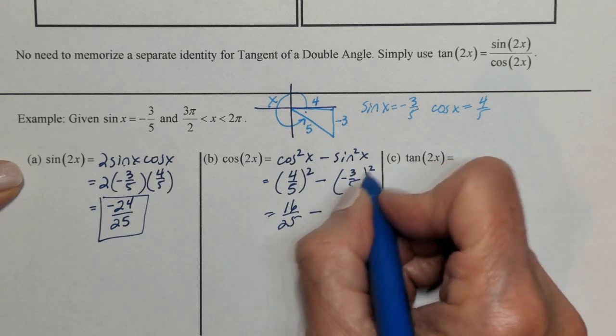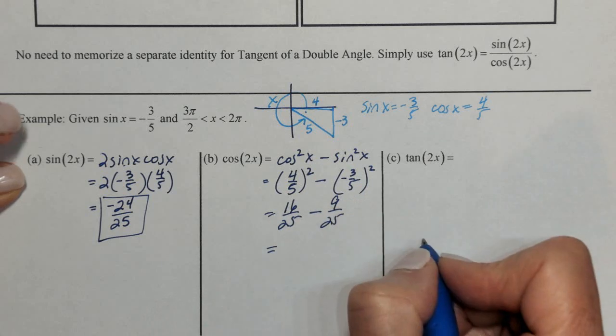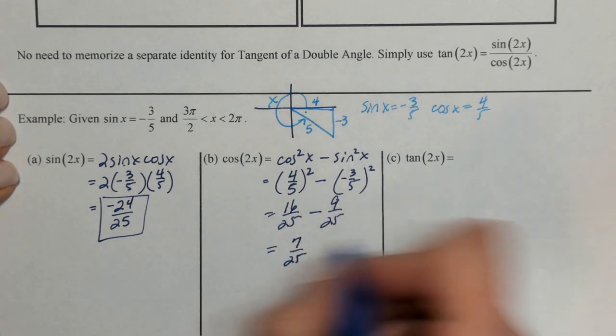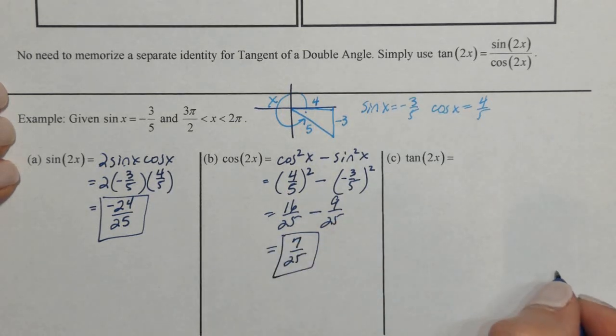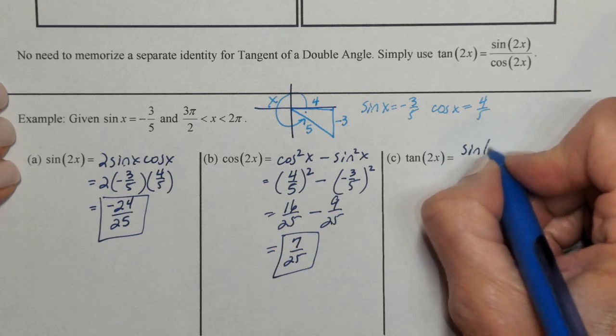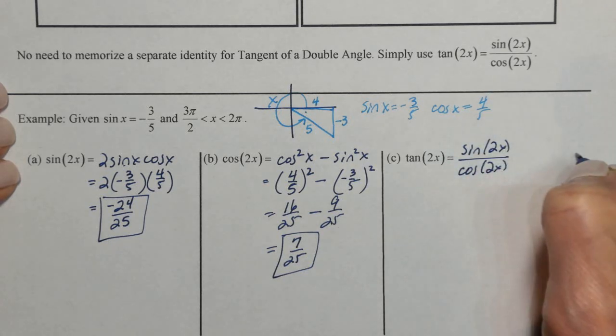So negative 3/5 squared is 9 over 25. 16 25ths minus 9 25ths is 7 25ths. That's cosine of 2x.